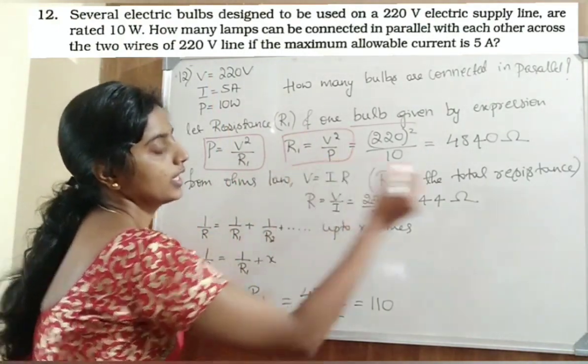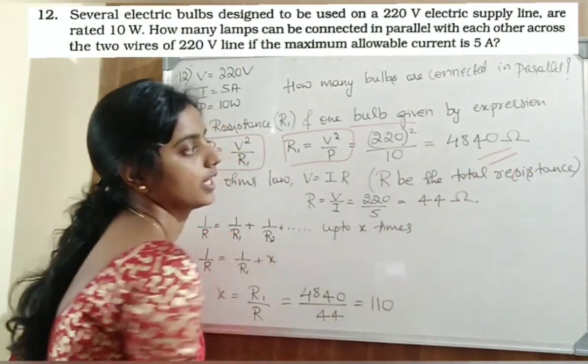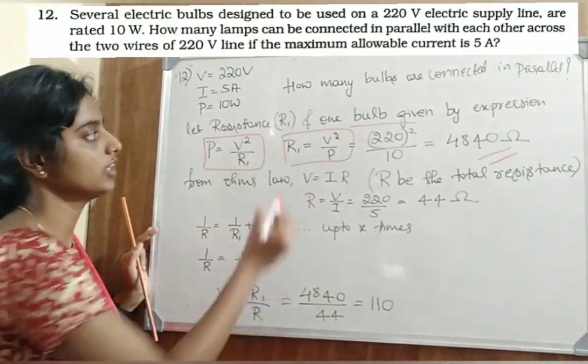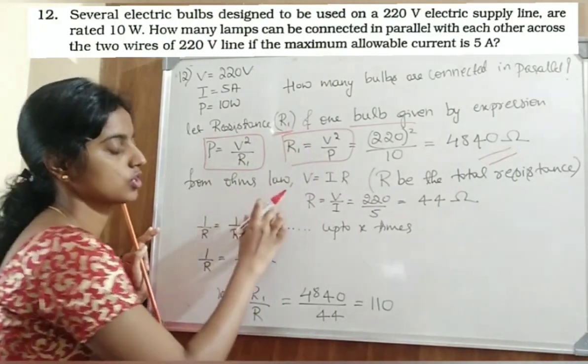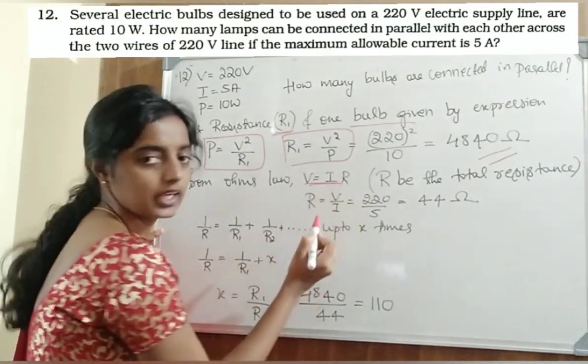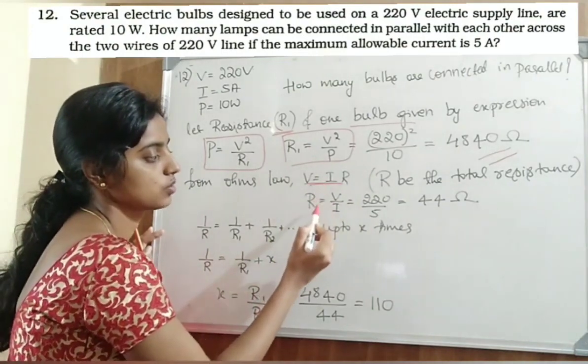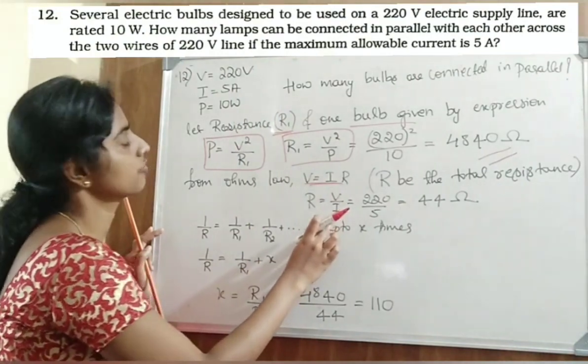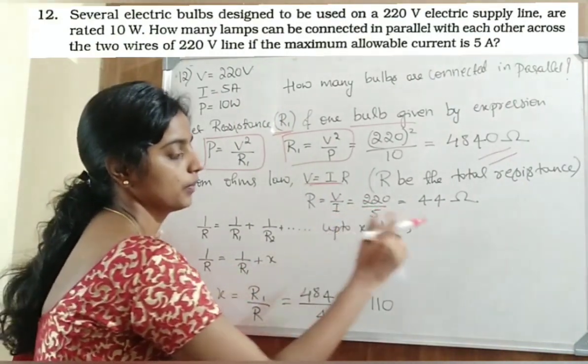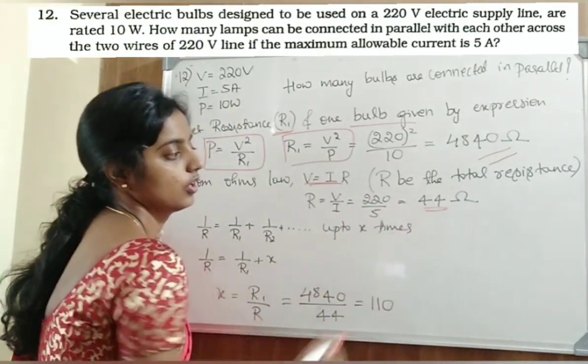Calculate. We will get 4840 ohm. That is our R1. The next step is from Ohm's law. We know that V is equal to IR. If we take R outside, we will get V by I. We have V, and I is 5 ampere. Substitute them and we get 44 ohm.